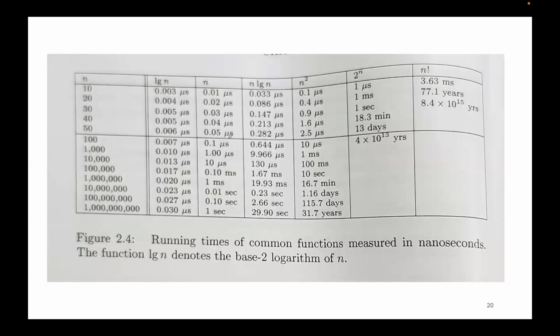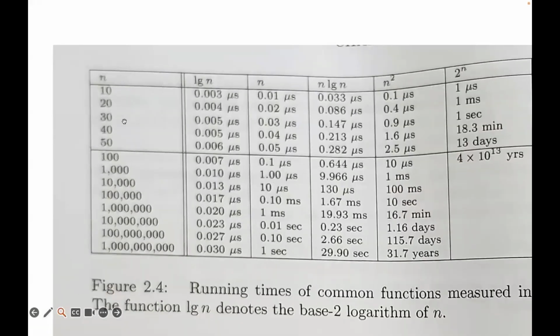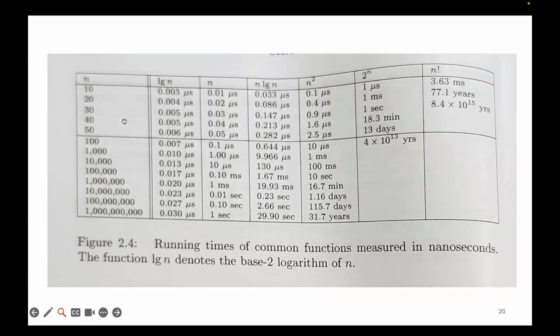This is a table in the textbook. I did my best to snap a picture of it. We've got different columns. The first column is n, which is the size of input, right?